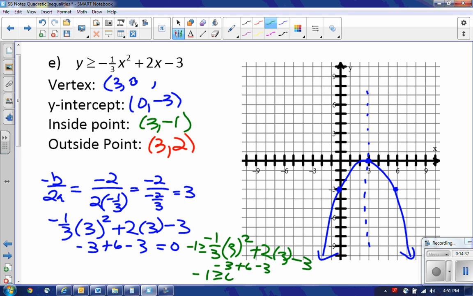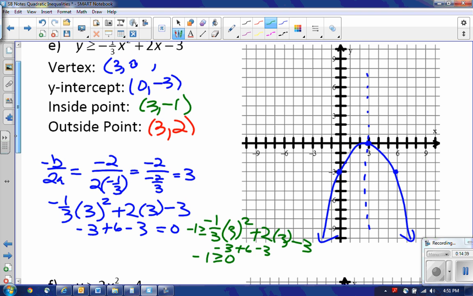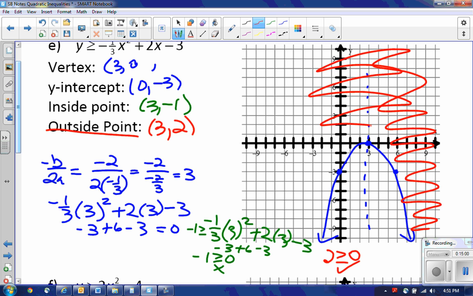So -1 is greater than or equal to 0. This is not true. So hopefully our outside point will work. My y value now is 2, and that should be greater than or equal to the same value because I'm going to use the same x value, so I get 0. 2 is greater than or equal to 0, so this time I'm going to shade outside my graph.